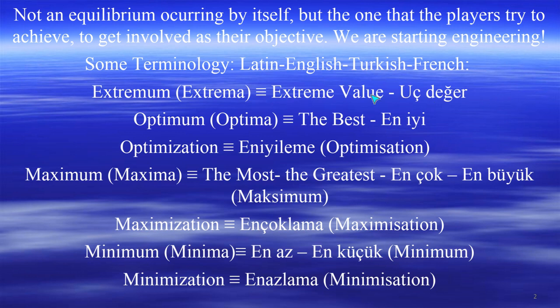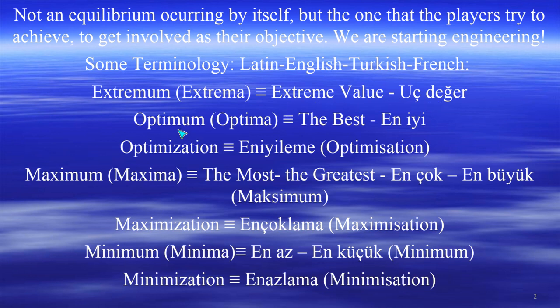It's an extreme value. And the plural of it is not extremums, it is extrema, because this is a Latin word, and it passes to English directly from Latin, and its plural is extrema, not extremums. An educated Englishman or British person would say extrema. The singular is extremum, the plural is extrema. So you should learn it as well. This means extreme value, uç değer in Turkish.